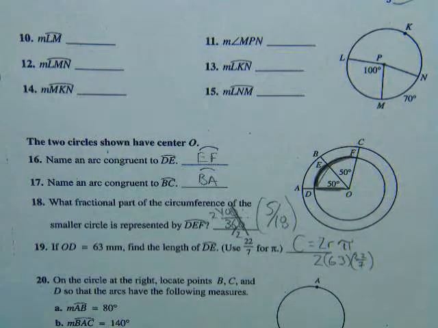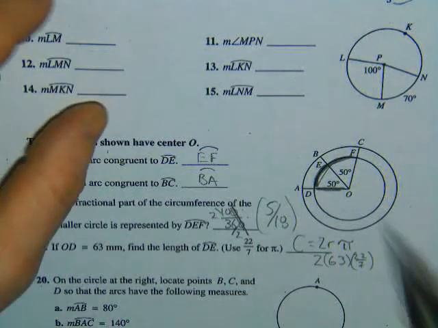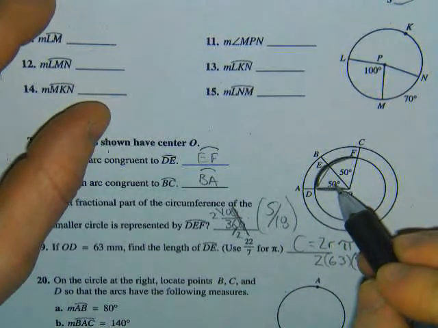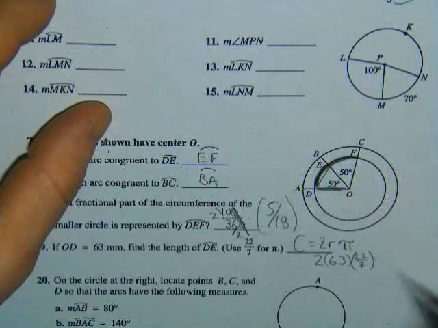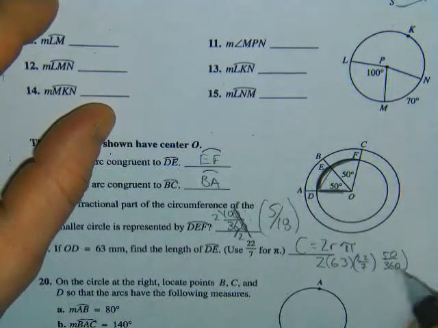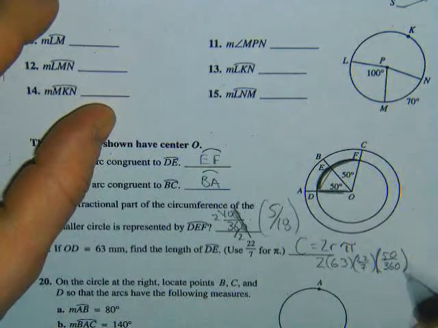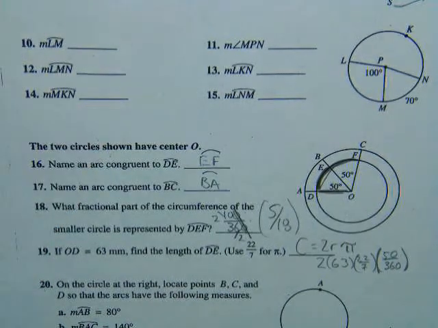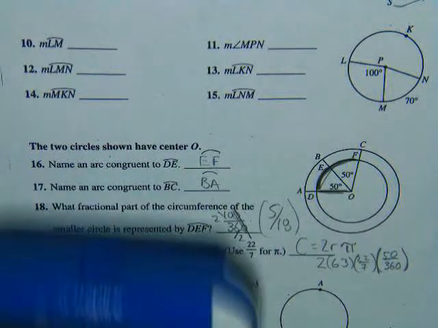Well, DE is 50 over 360. So I'm just going to put that all in my calculator and let that do the heavy lifting.